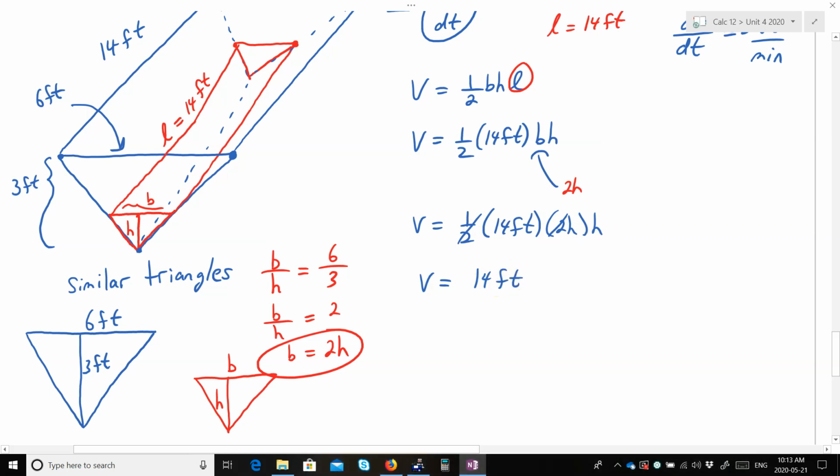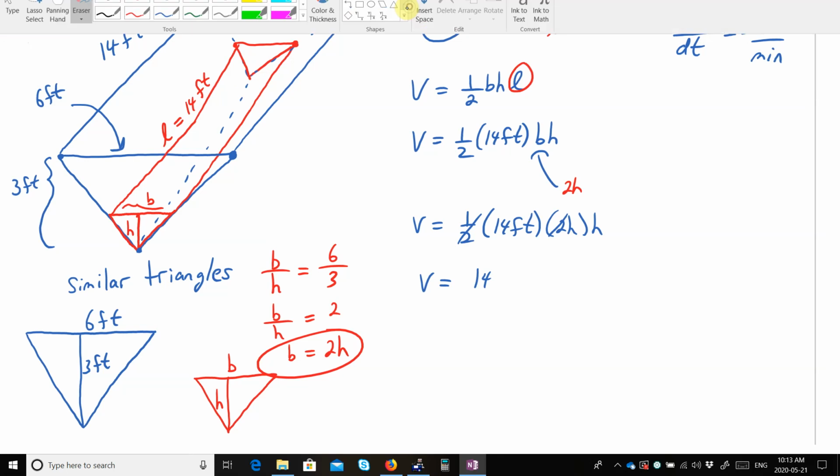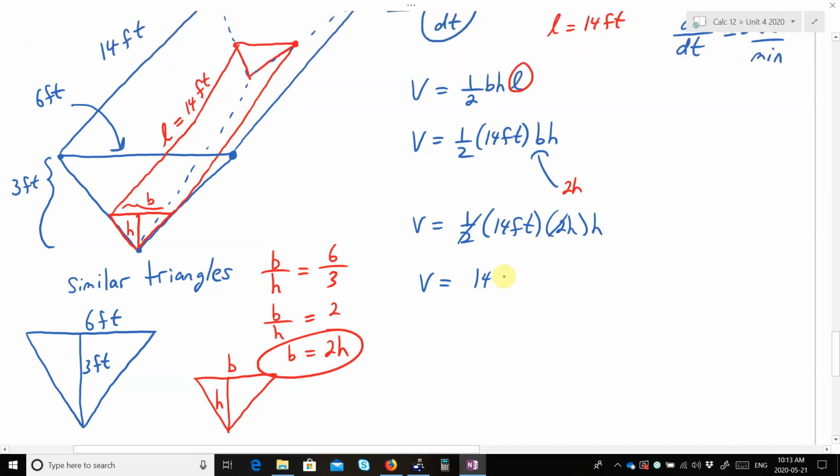So we're going to have 14 feet times H squared, and I'm just going to knock off the feet here for now. I was just keeping it in there so that our units stay straight at the end, but it's becoming inconvenient. So I'm just going to get rid of it, and we'll try to remember the units at the end.